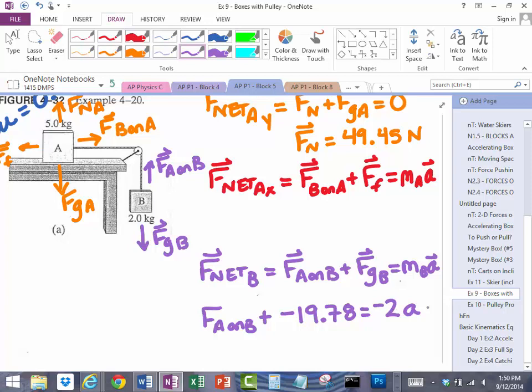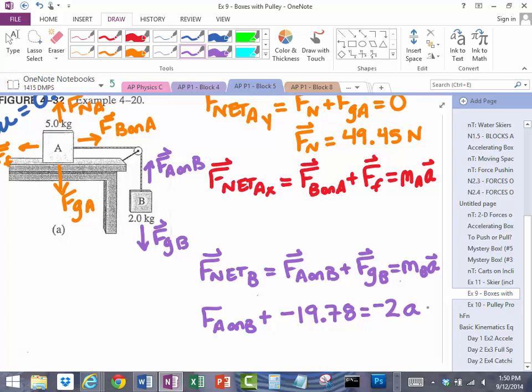This is kind of a cool problem because of the way it works out. We've got 2 equations, 1 and 2, and how many things do you know? I answered 2. We don't know this, and we don't know this. So 2 equations, 2 unknowns, we can solve it.